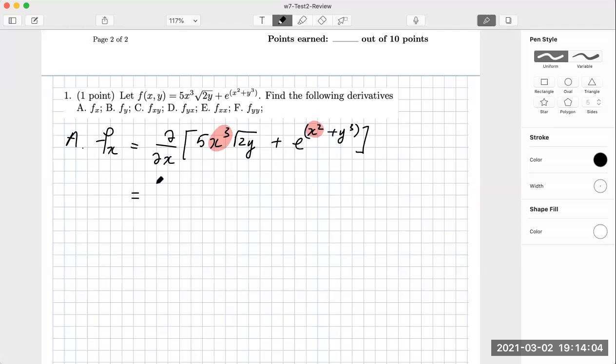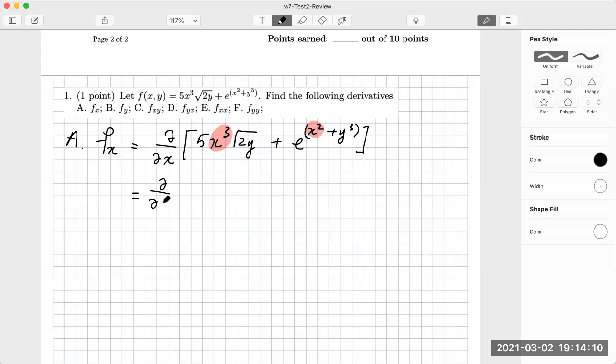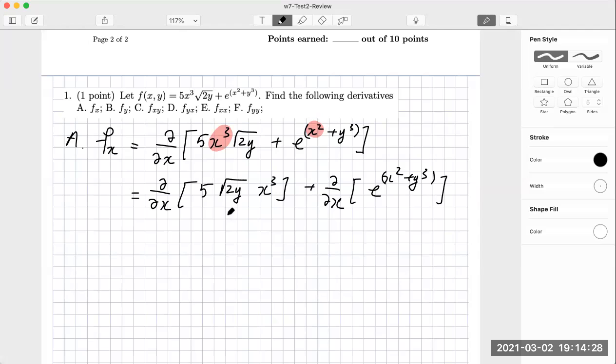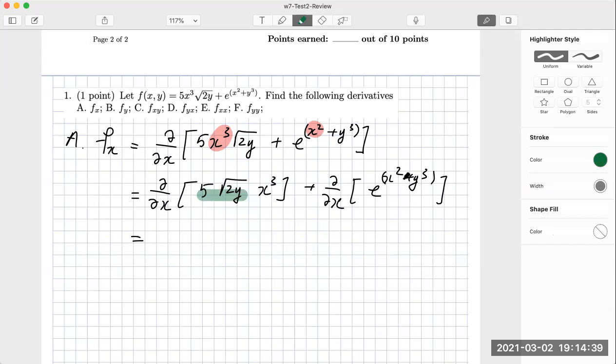Therefore, it will be, let me write it slowly, 5 d over dx of x cubed plus d over dx of e to the x squared plus y cubed. Then for this guy, they are constants, so we can take them out of the differentiation. And here we apply the chain rule.